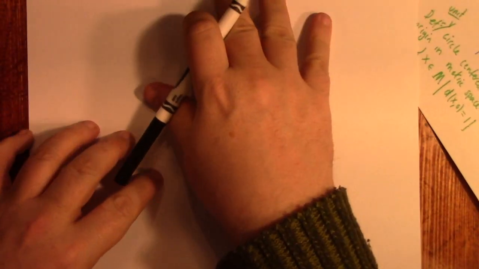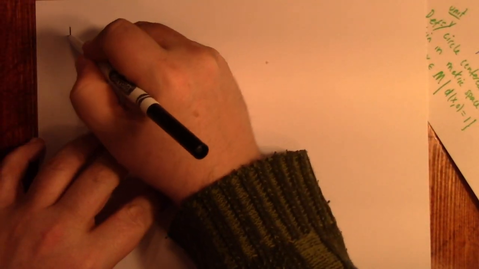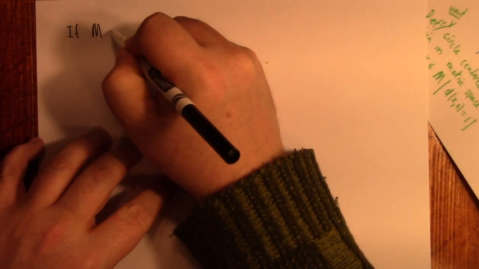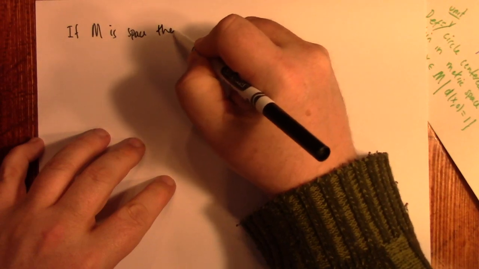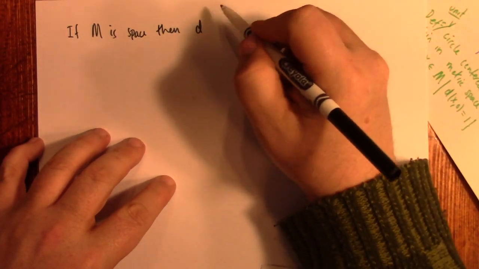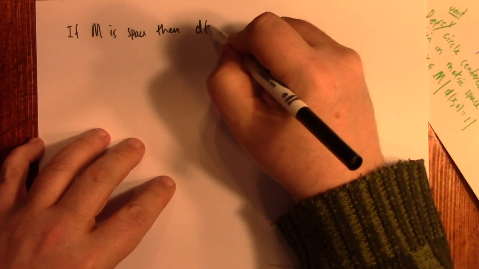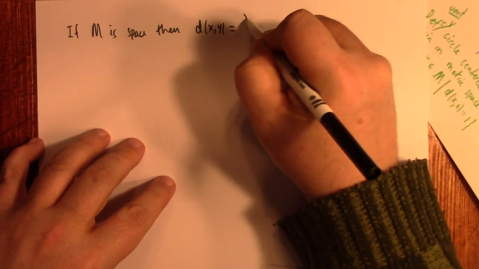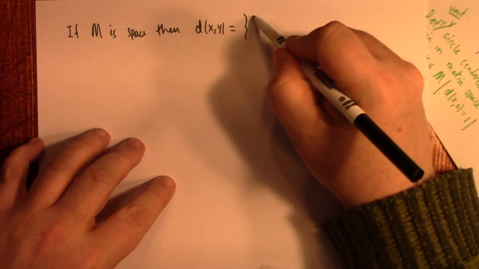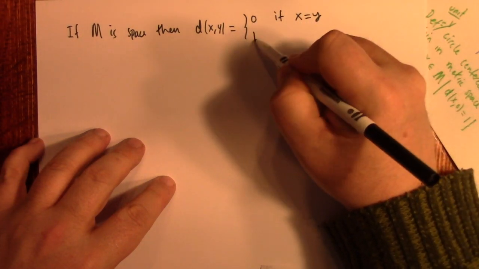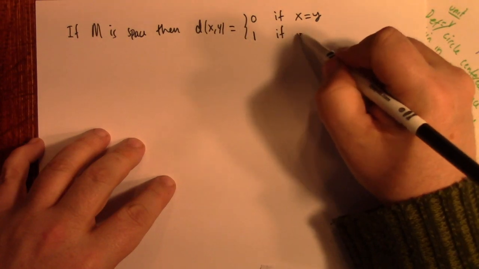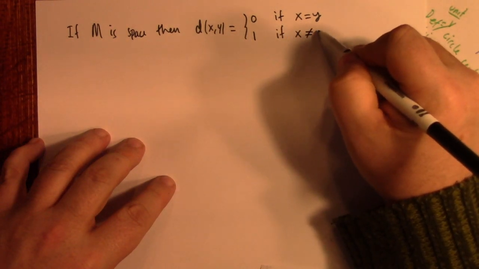So a rather silly metric is, if M is a space, then we'll define the distance from x to y to be case-wise defined: 0 if x is equal to y, and 1 if x is not equal to y.